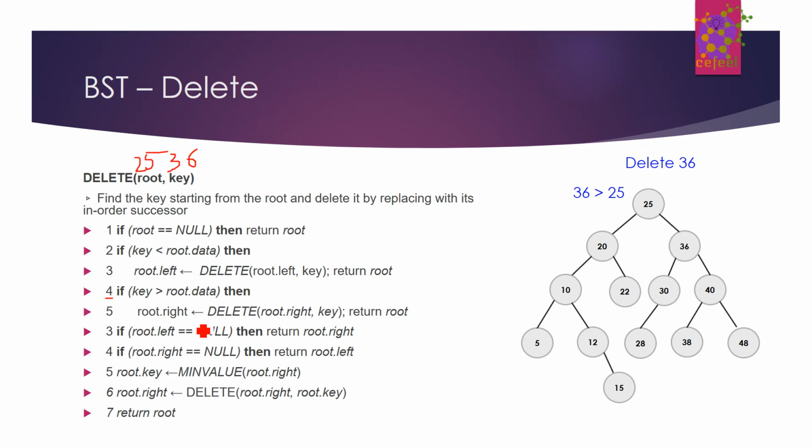This means delete will be called recursively, passing root.right, which is 25's right child, 36, and the key is 36. So in short, we are moving right, and this makes a recursive call.